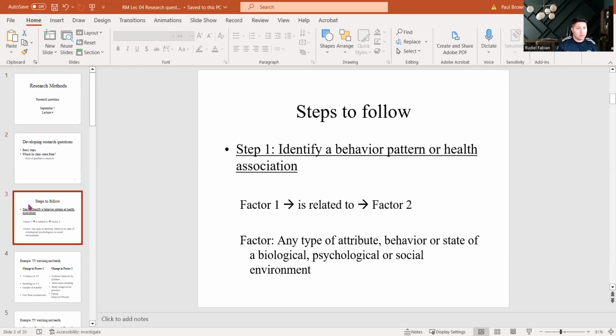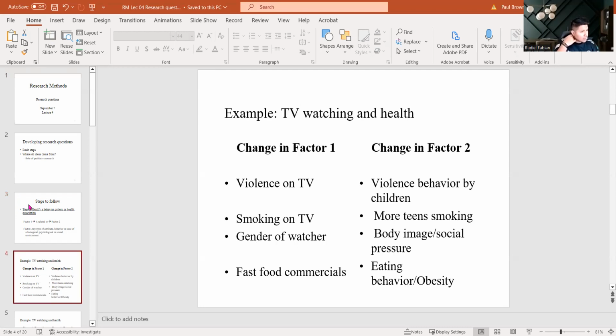Okay. So the basic idea behind developing a research question is that you identify some type of association between different variables. So you're saying that this factor is related to that factor. And you're trying to identify a causal relationship, so that a change in this factor causes a change in that factor.